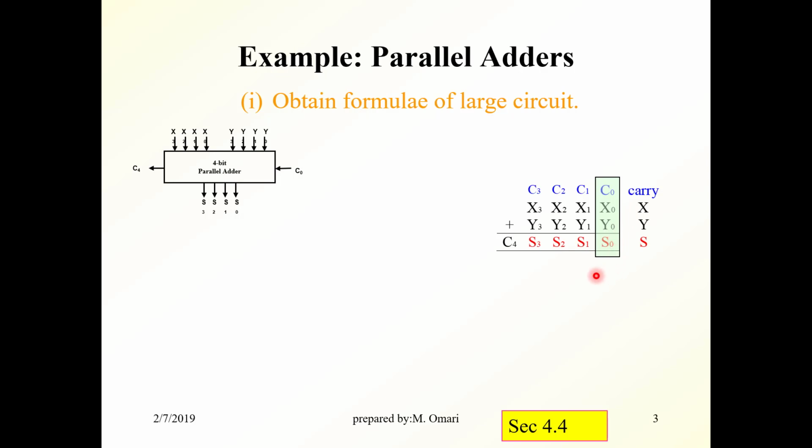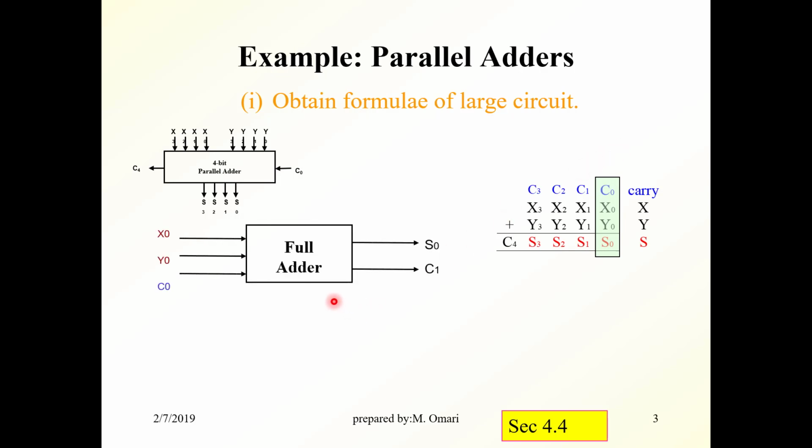And the carry here will go to the next stage. Now, to do this addition of the 3 bits, we can use a full adder. On this full adder, we put X0, Y0 and Cn. The result here is S0 and C1.